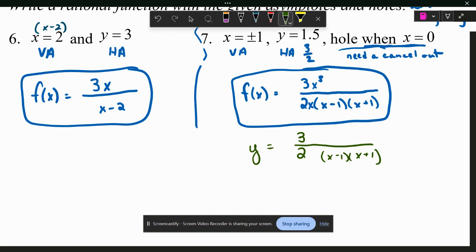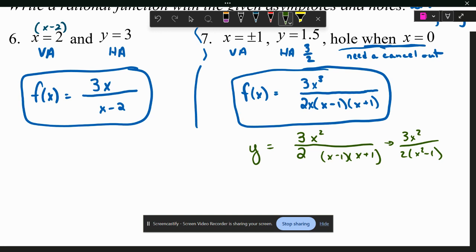And because this is 2 x's on bottom, I need this to be at least an x squared on top. That way they have the same exponent, top and bottom. Because this is really, at this point right now, 3x squared over 2 times x squared minus 1.